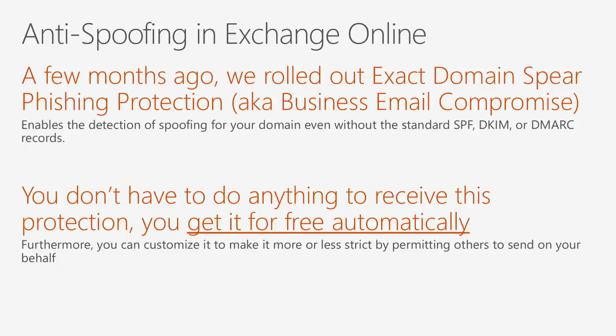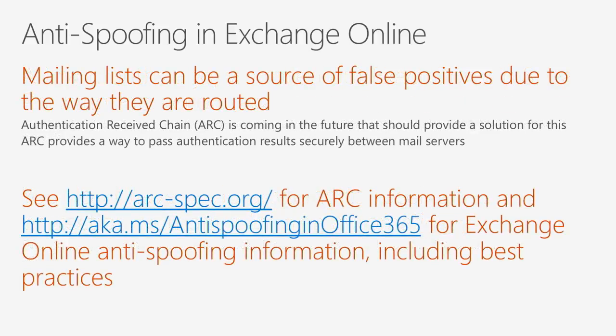So what you can do right now, you can certainly go into the admin center and customize the features, make it more granular, or loosen up restrictions if it ends up being too tight for you. But right now, it is out there and protecting you in Exchange Online. Now, one challenge is that mailing lists can be a source of false positives, and that's simply because of the way they're routed.